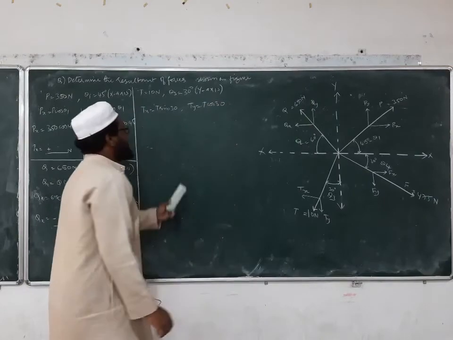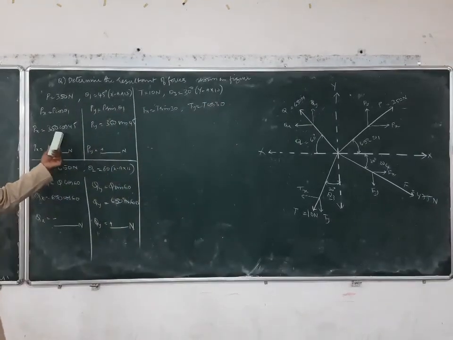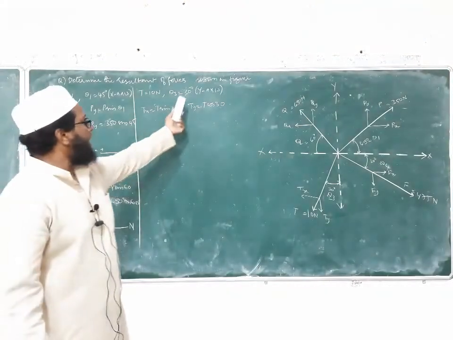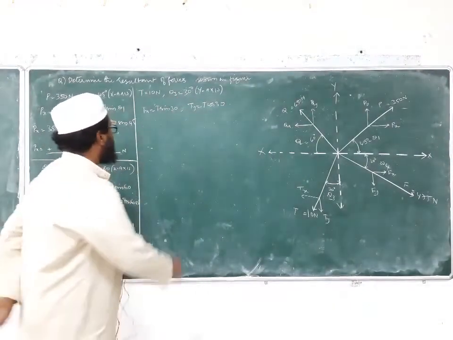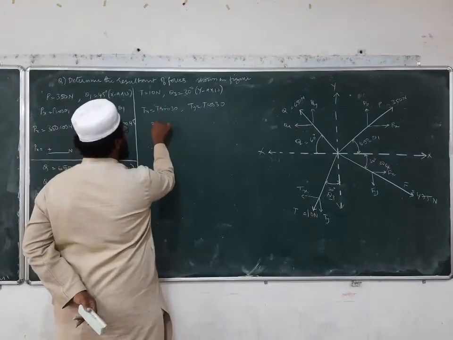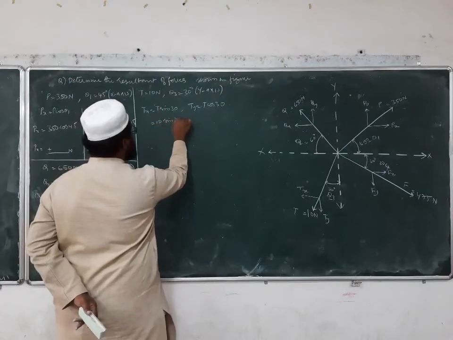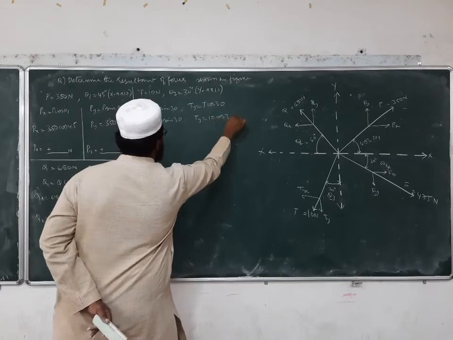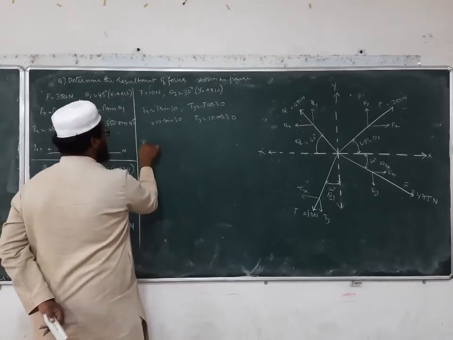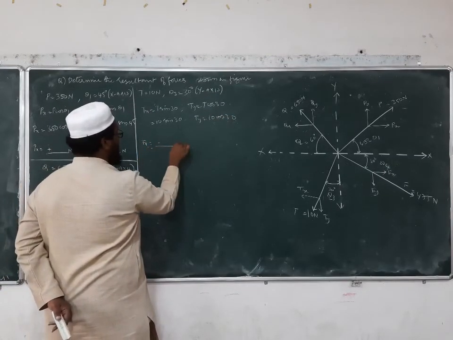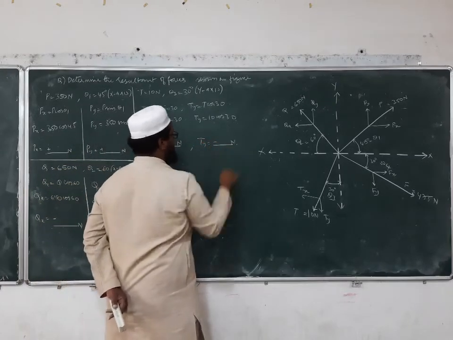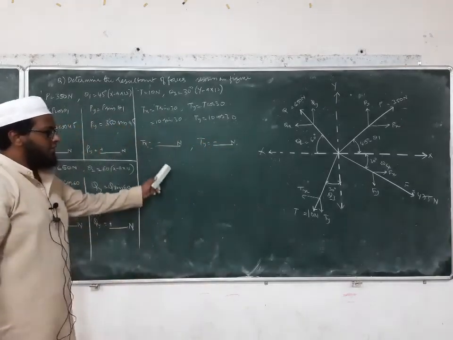See here, earlier the x component was cos, but here I have taken the x component as sin, because the angle is with the y-axis. So Tx is equal to 10 into sin 30 and Ty is equal to 10 into cos 30. Both will come with a negative sign because it is in the third quadrant.